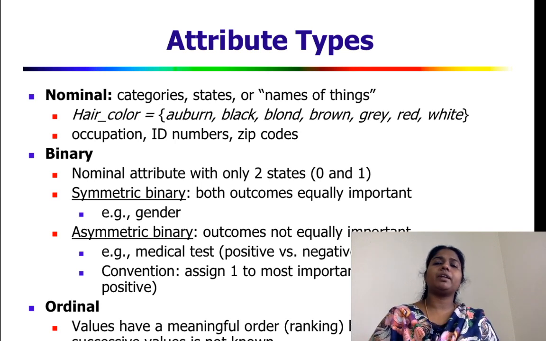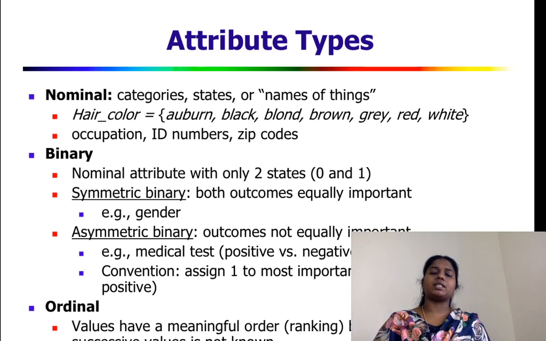A binary variable is where the value of that variable can either be true or false. Student pass or fail, that is called a binary variable. It can be either present or absent, such values. These are binary, or it can take only two values, true or false. For a symmetric binary variable, both the outcomes are equally important.